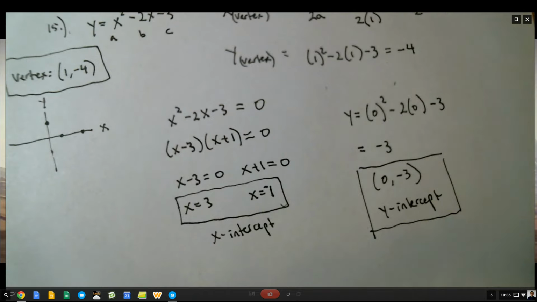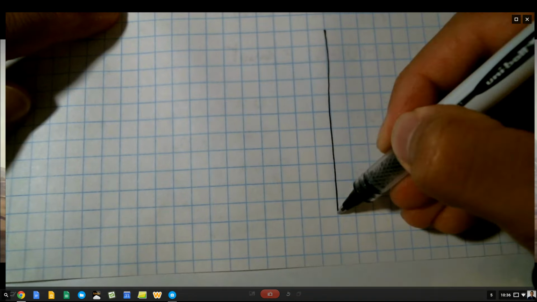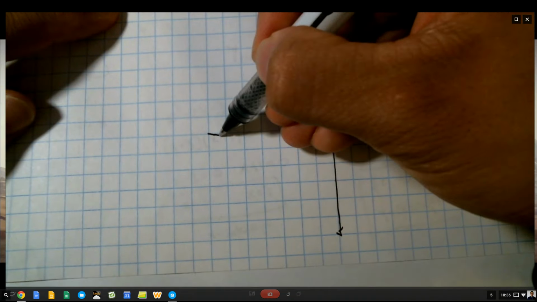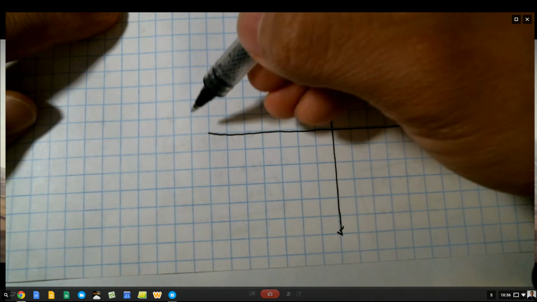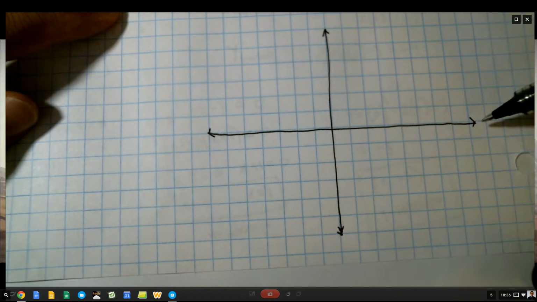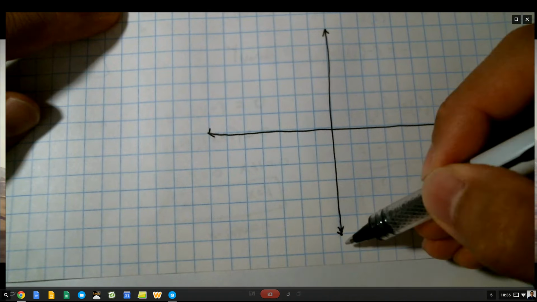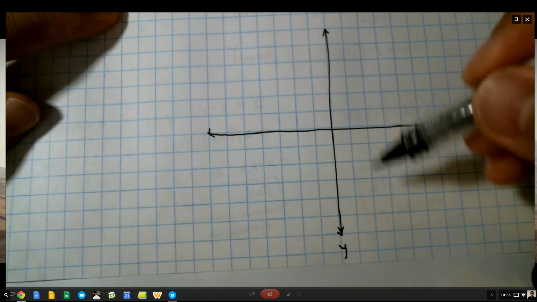So in fact, we can make the graph even better. We have more information now. This is my x line, my y.